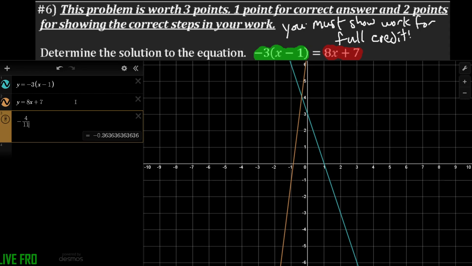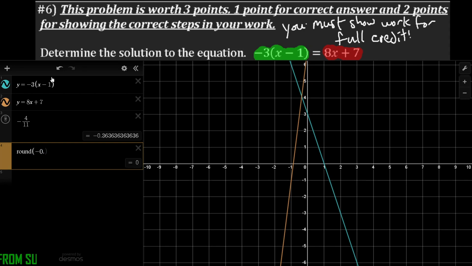Well, let's check out what -4 over 11 is. If I compare those two answers, those two are going to be the same, because it's -0.363 repeating. If I rounded -0.363 repeating to the third decimal place, it would be the same answer.